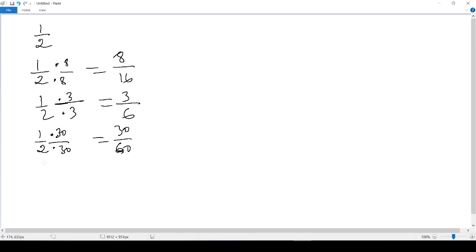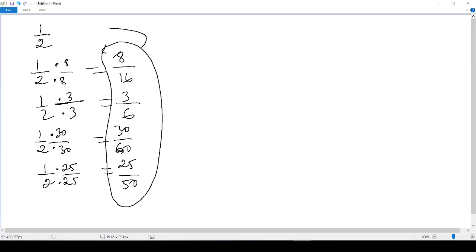And one more, 1/2 times 25 over 25, and we have 25 over 50. So all these results right here are equivalent to my original fraction 1 over 2.